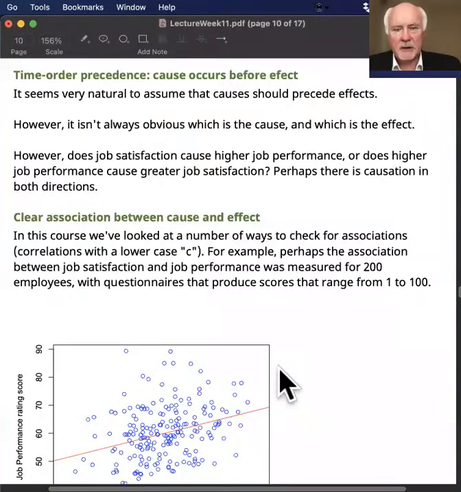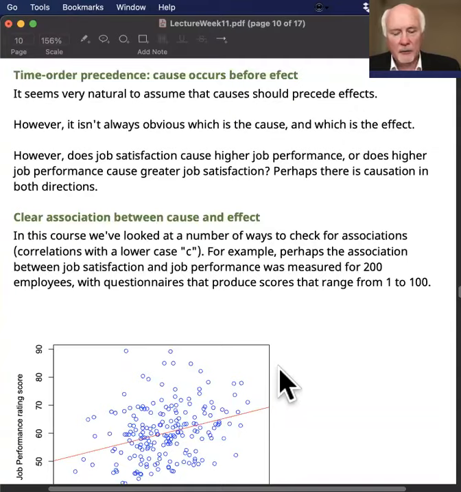So in this course, we've now covered a number of ways of checking for statistically significant associations between variables. These are the kinds of tools that are used when we're trying to determine if there's a cause and effect relationship.